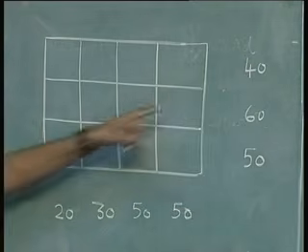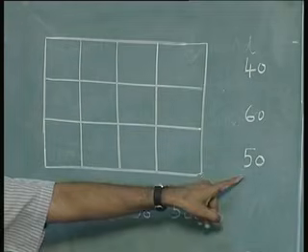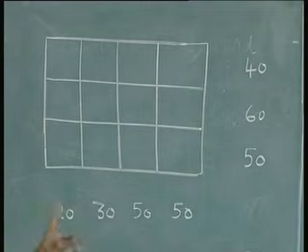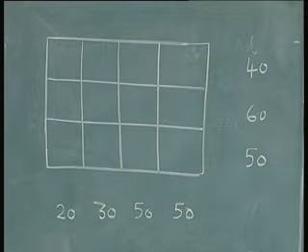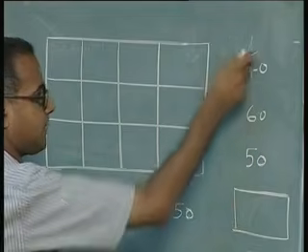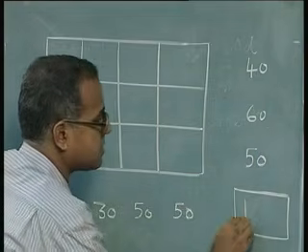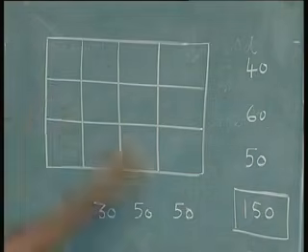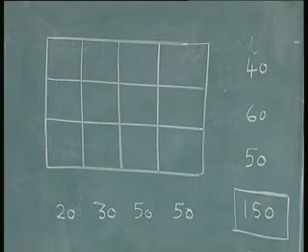So, these are the Ai's, A1, A2, A3, the supplies. These are the Bj's, B1, B2, B3 and B4. The total supply is 150 and the total demand is also 150. Therefore, this is a balanced transportation problem.